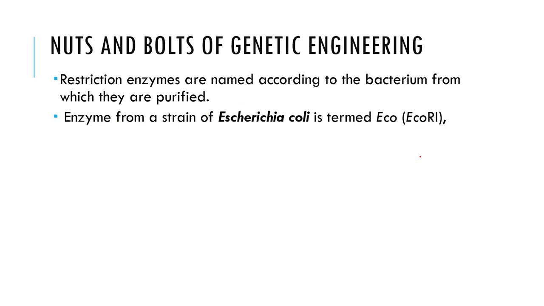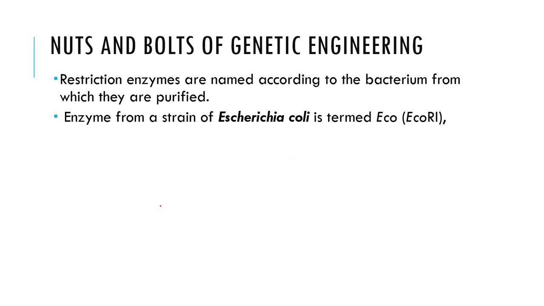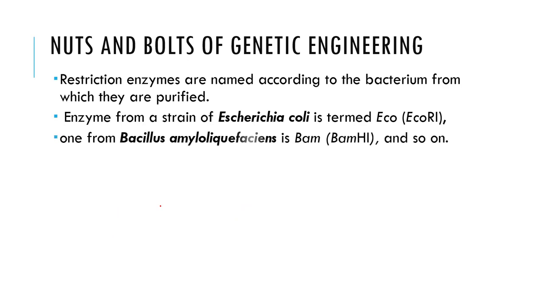So the name of this particular enzyme is EcoR1. This is the genus letter, the first two letters of the species name, the strain of E. coli, and one, the first one. This is the naming convention, or method of nomenclature.